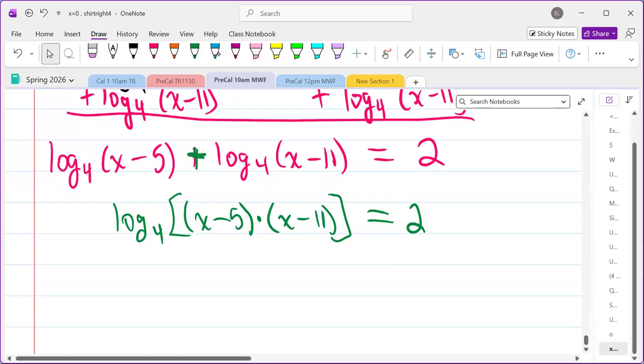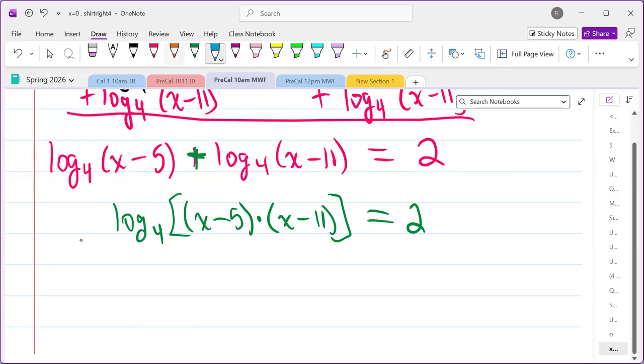Now that it's a single logarithm, log of thing equals a number, now I can use my inverse operations to unlock the log base 4. So what undoes, what gets rid of log base 4? Yep. So when we say power of 4, do I mean raise both sides to the 4th power?